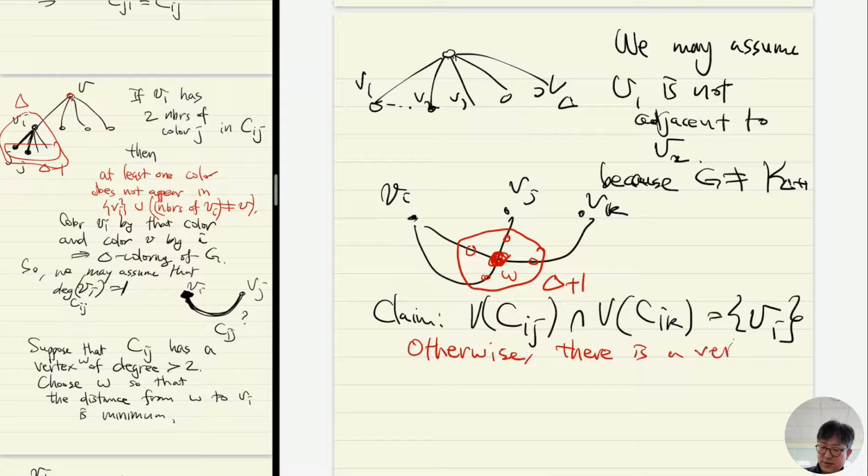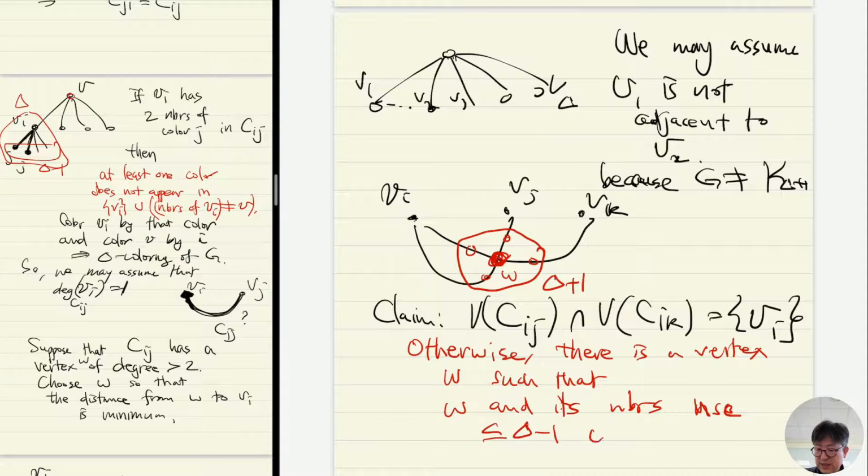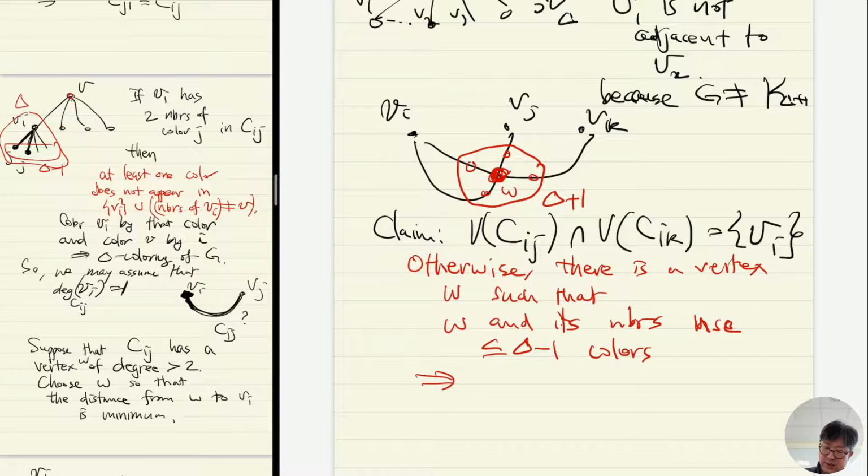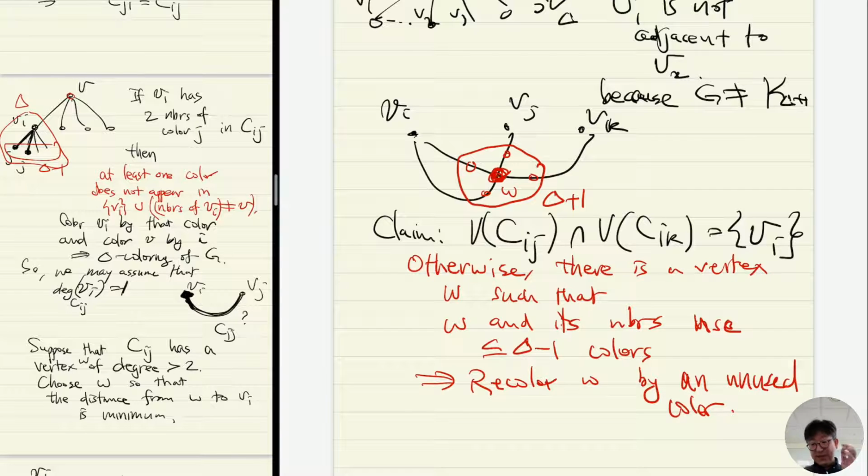So there is a vertex W such that W and its neighbors use at most delta minus 1 distinct colors. So we can recolor W by an unused color. That will break the path from Vi to Vj, so that's a contradiction. I mean, I can swap colors i and j in Cij and then color V by i.